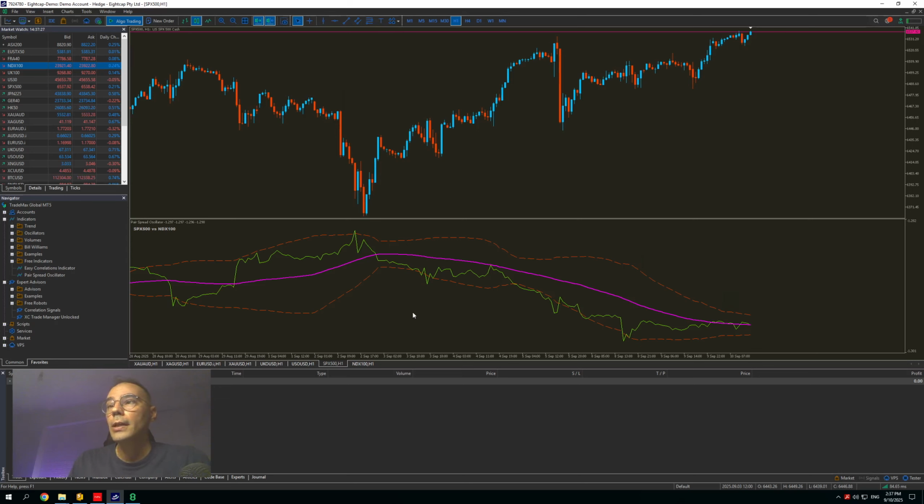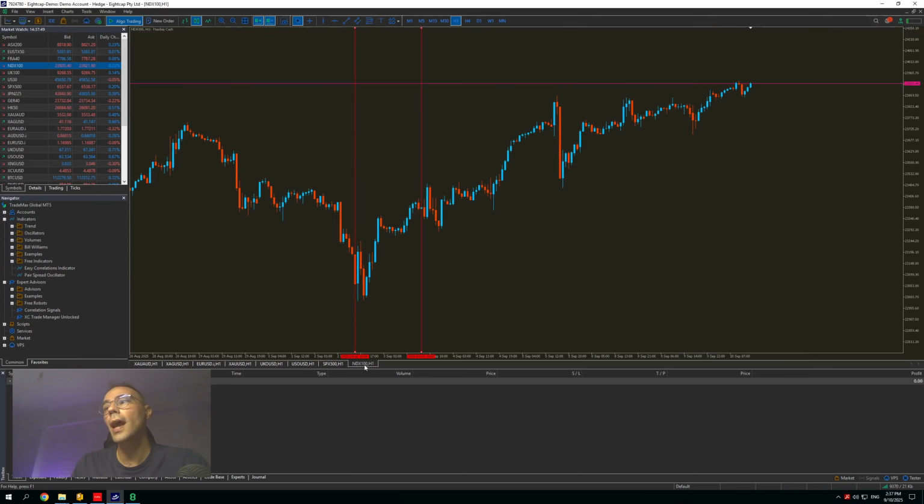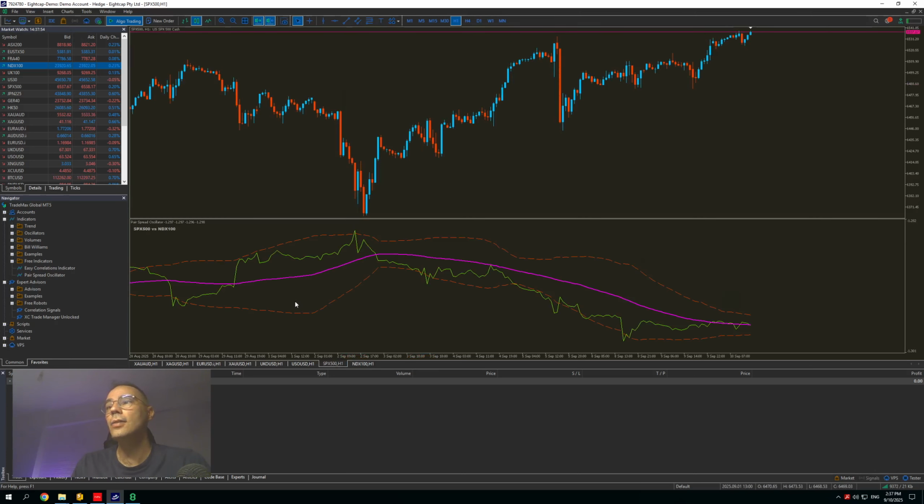Now, typically, when you open this indicator and start exploring the differences between the two instruments, the first thing that you will see obviously is what is stronger and what is weaker at the moment. As you can see at the moment, weaker is the S&P that I have in this chart, and Nasdaq that I have here is stronger.